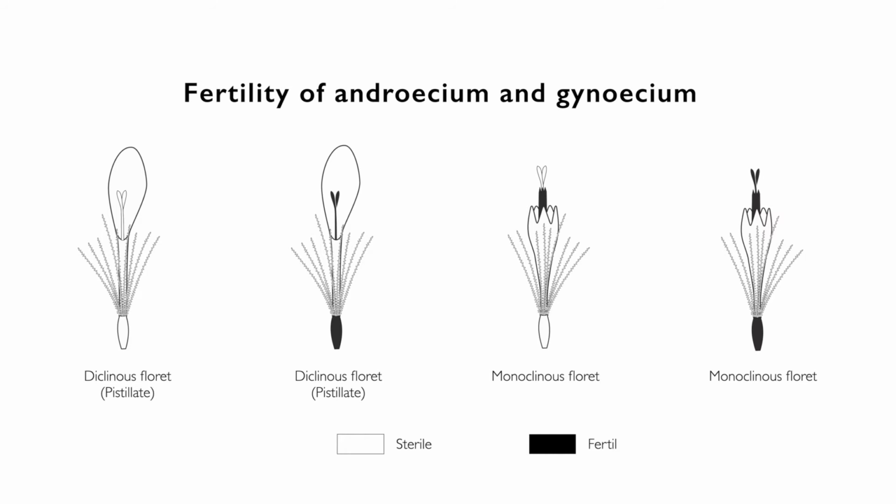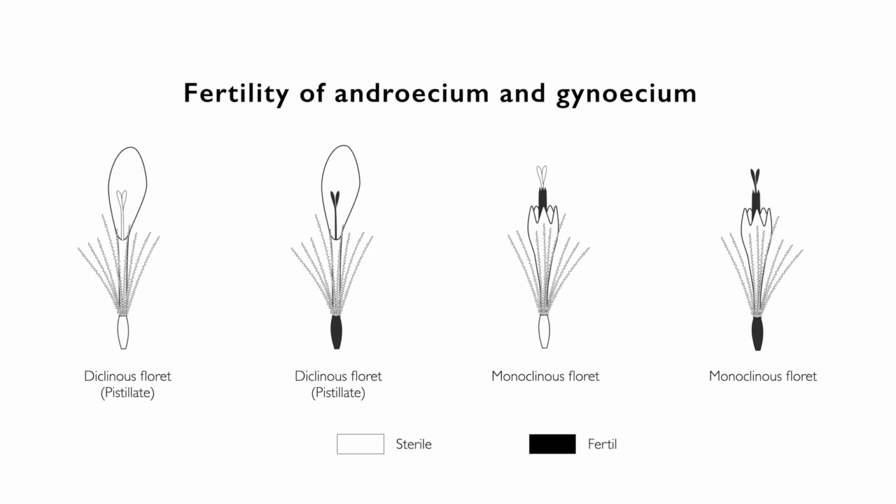Another interesting feature regarding the structure of the florets is what part of the floret is fertile. If it's only the Androecium, or only the Gynoecium, or both. So here we could have monoclinous florets like the two on the right.